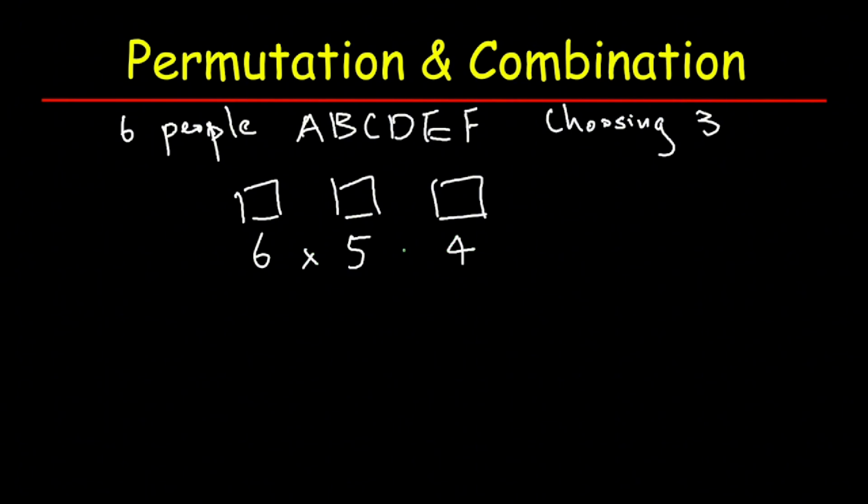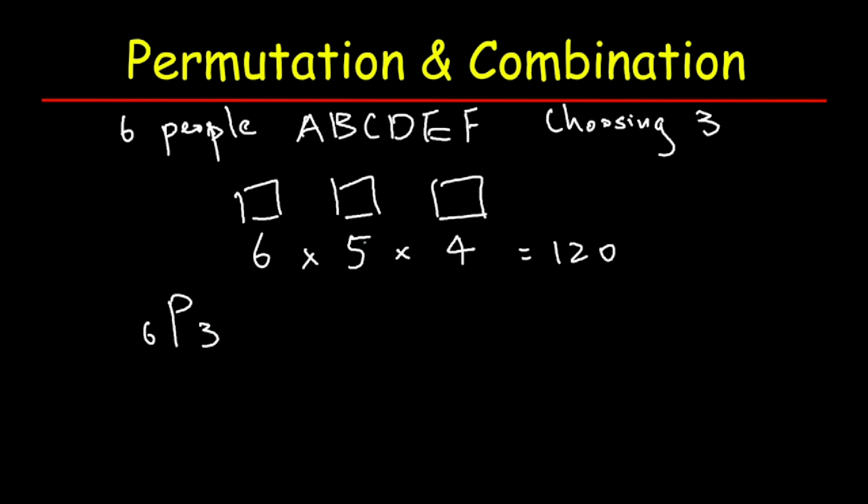Multiplying them together, you should get 120. So, in general, we write this sort of permutation as something along the lines of 6P3. So we write the total amount we're choosing from here and how many we're choosing here.